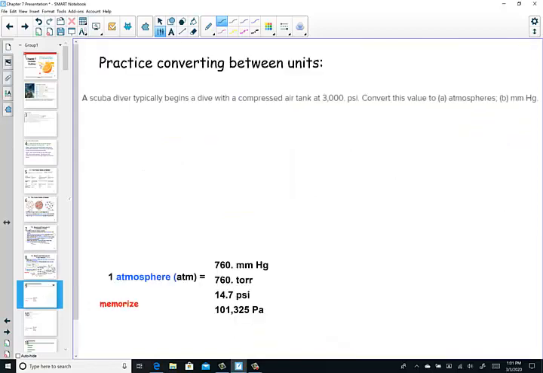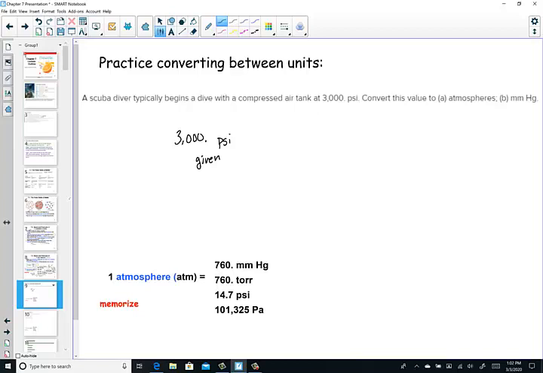And let's model how one of these could actually be employed. Let's suppose we have a scuba diver, typically beginning a dive with a compressed air tank of 3,000. pounds per square inch. And there's a decimal there, so those are significant zeros.